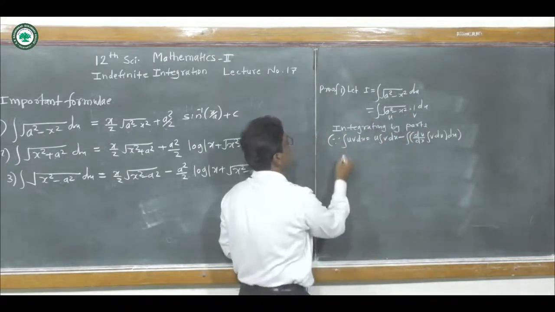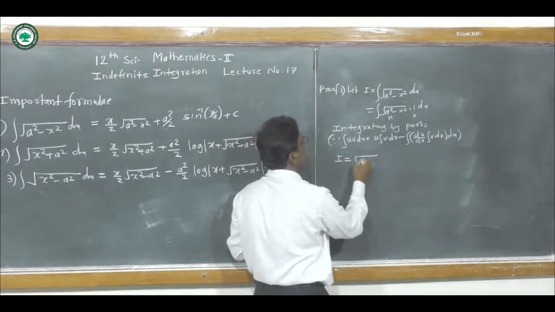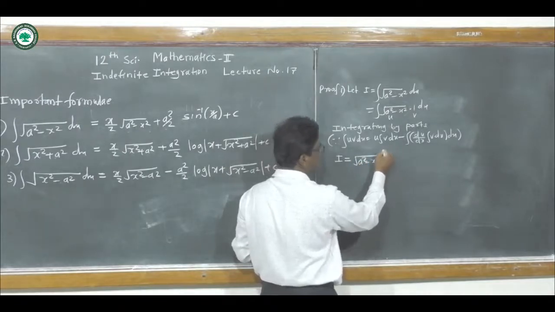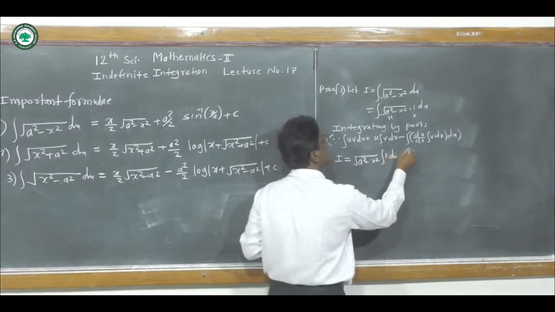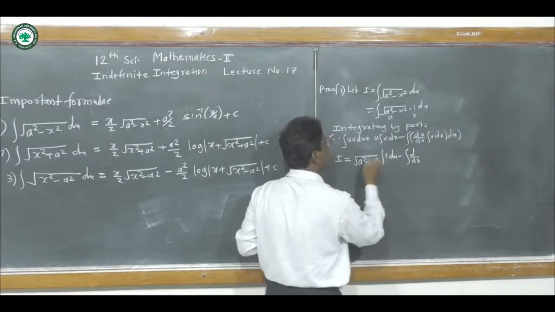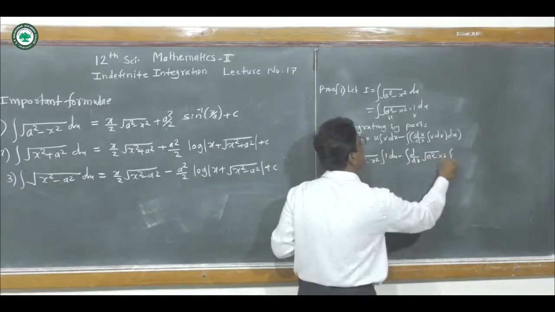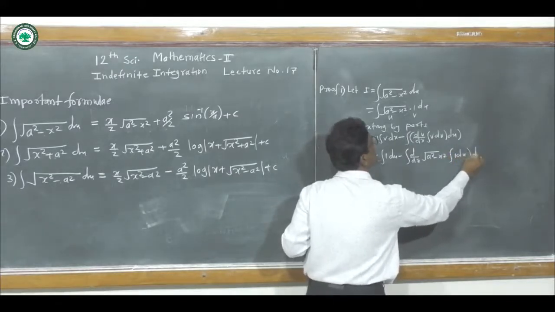So the required integral I becomes I is equal to u, that is root of a square minus x square, into integration of v, that is 1 dx, minus integration of d by dx of u, that is root of a square minus x square, into integration of 1 dx, and this dx again.